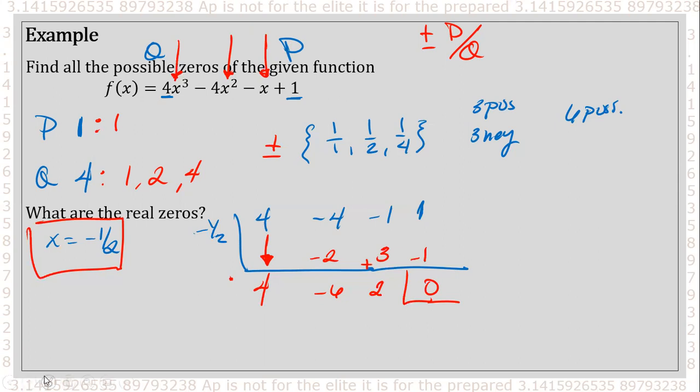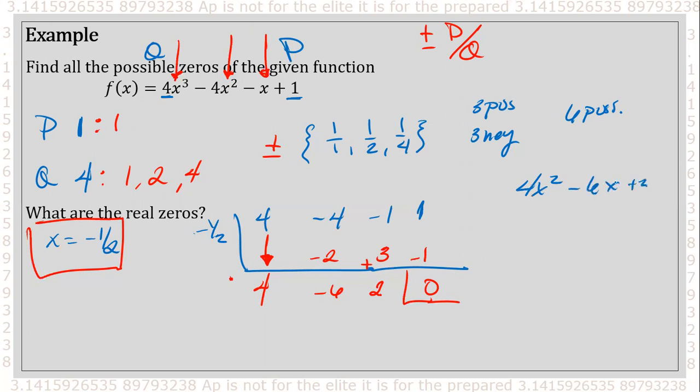Okay. The reason I prefer to do it using synthetic division is because you're able to do synthetic division from here as well. We're able to see that this is 4, minus 6, plus 2. This is the same thing as saying 4x squared minus 6x plus 2.